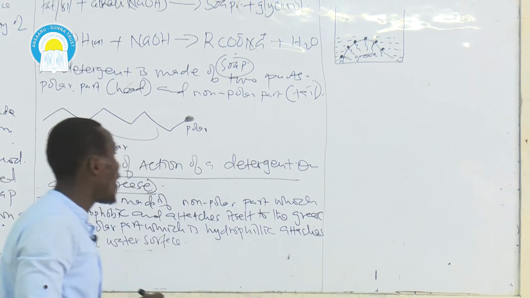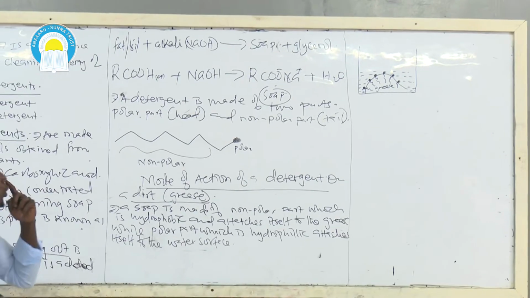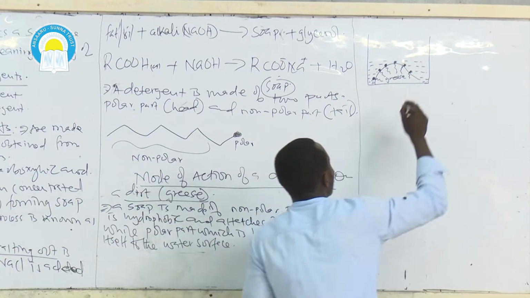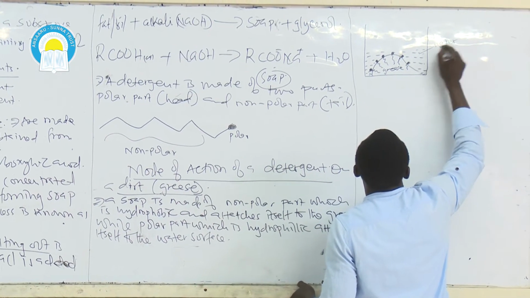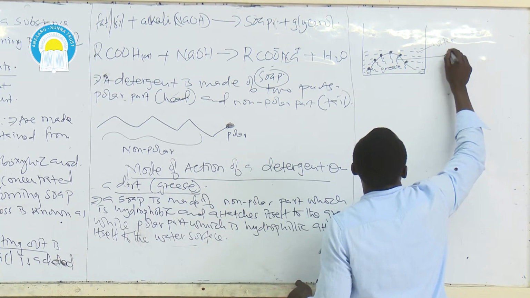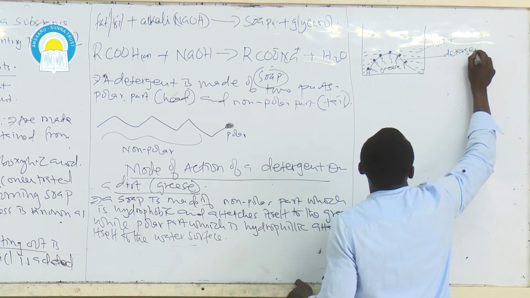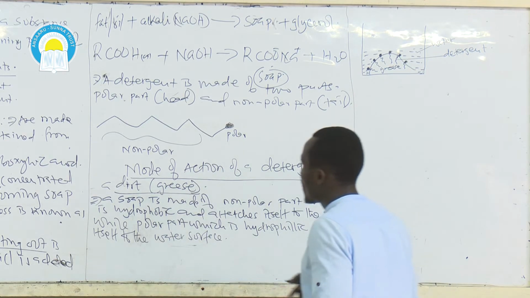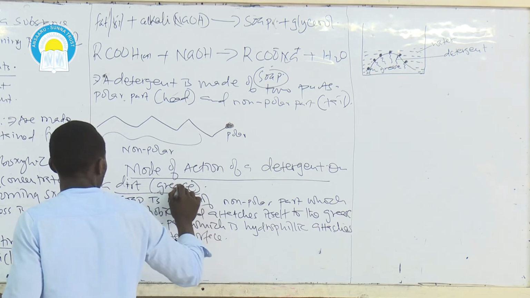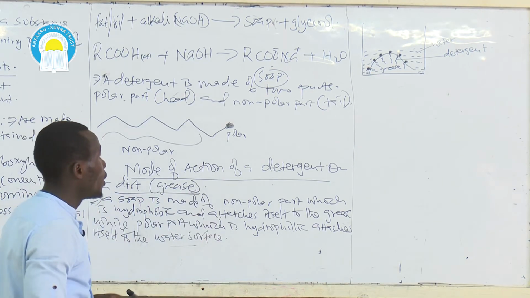So that's what we're going to have. So this one represents the detergent. This is water. This one represents detergent. And this one represents the grease that we are cleaning off.